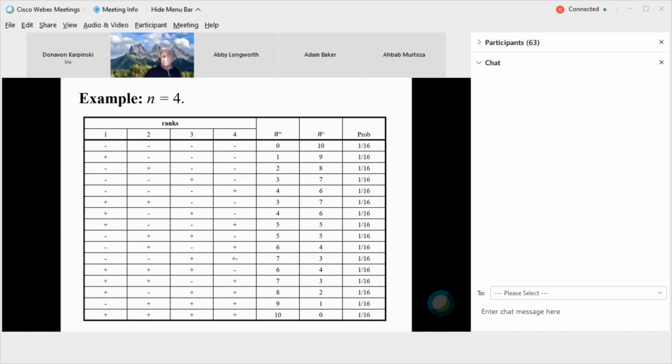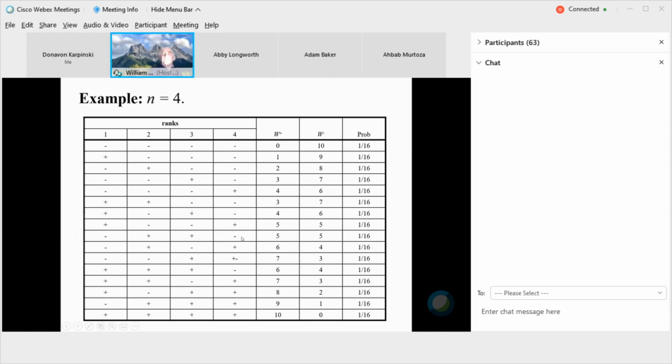The ranks would go 1, 2, up to 4. They could all have a negative attached to them. They could have all positive attached to them. These other ones, this is where you have 1 positive, 1 negative, 2 positive, 2 negatives.